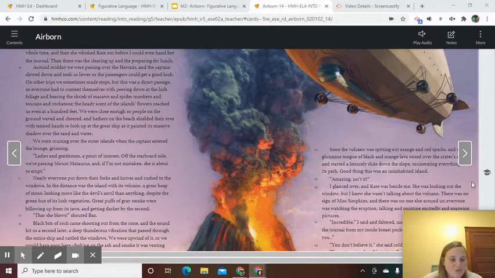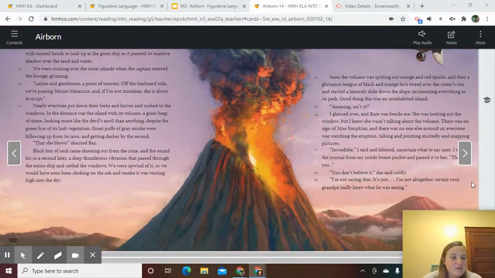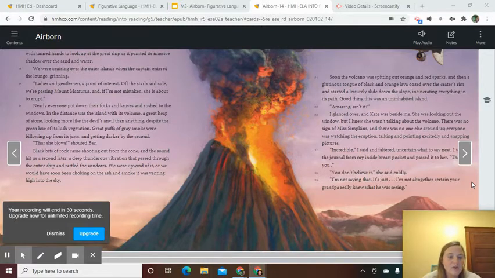"Thar she blows!" shouted Baz. Black bits of rock came shooting out from the cone, and the sound hit us a second later. A deep, thunderous vibration that passed through the entire ship and rattled the windows. We were upwind of it, or we would have been soon choking on the ash and smoke that was venting high into the sky.